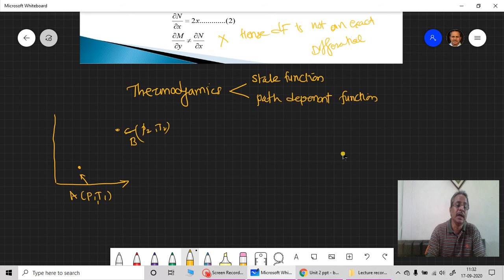Now to bring the gaseous system from this to this, there are several ways. One is this way, this is the second way, this is the third way, and there can be any other way like this.